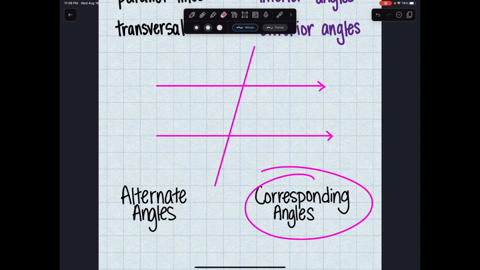What if you put B here? Where's the other corresponding angle? It's going to be here. Copycat. Okay. And then what if you put your angle here and someone tries to copy you? They'll put it here. Okay. And it turns out corresponding angles also have equal measures.